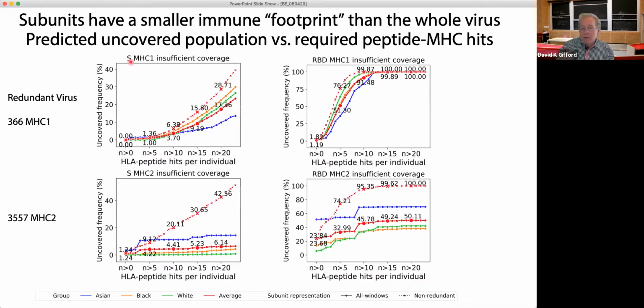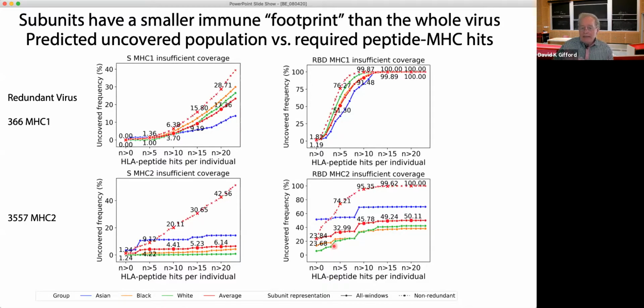The S subunit includes the RBD subunit, so it actually has a larger footprint to the immune system. But still, there is a sizable fraction of the individuals that don't display, say, over 5 hits for MHC class 2 for the S subunit. And it's even more pronounced over here for RBD alone.